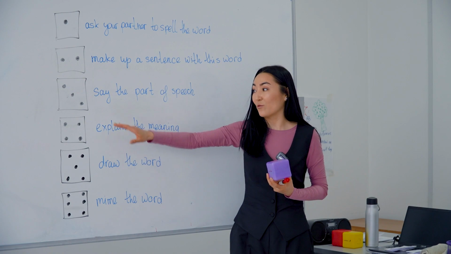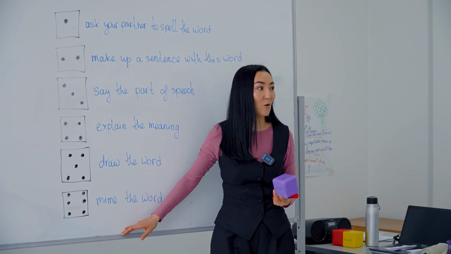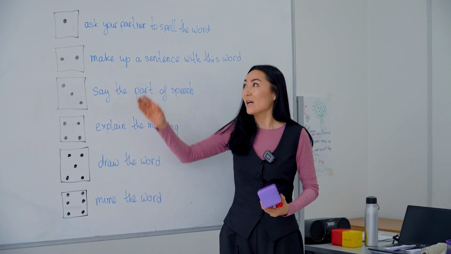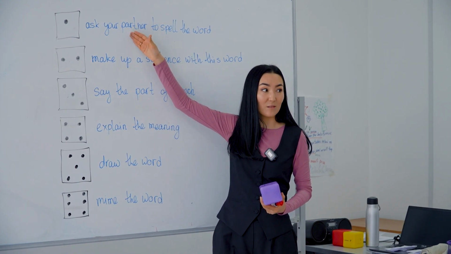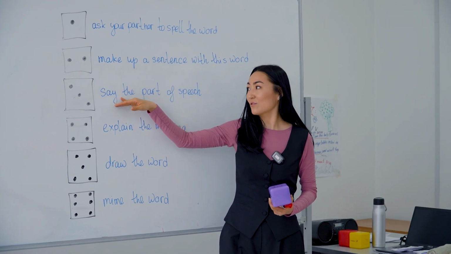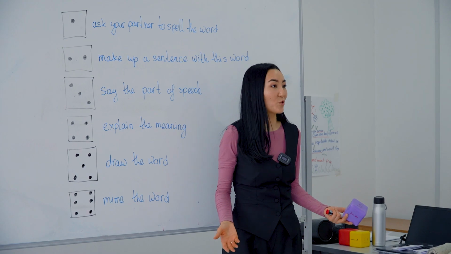No. So in these 3 tasks, you are not allowed to what? Read or show the word. Yeah. So if your task is number 1, can you read the word? Yes. In the second one? Yes. Third? Yes. Yeah. To say the part of speech, you need to say the word to your partner.